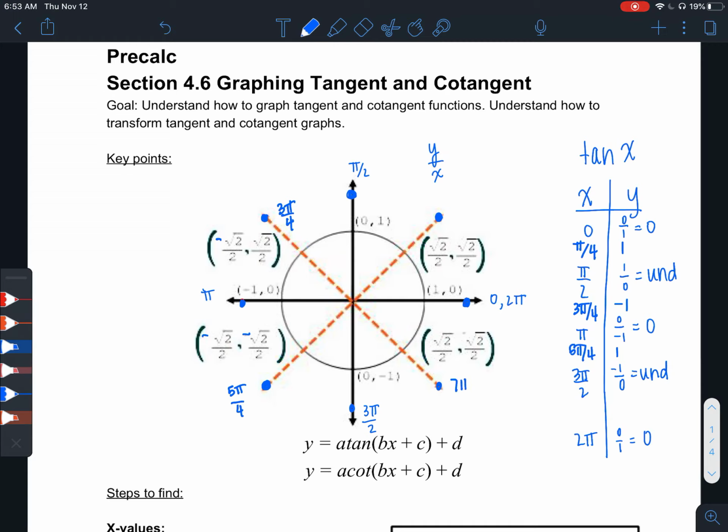And at 7 pi over 4, we have positive over negative, which is negative 1. So the reason we use those values is because they're really just ones, again, just like they were for sine and cosine.